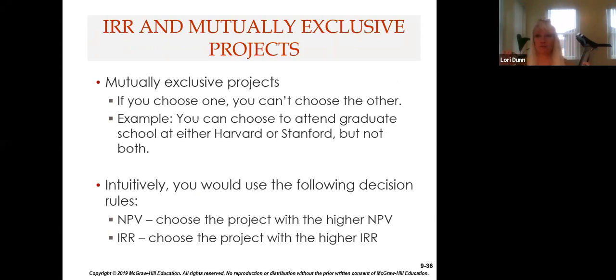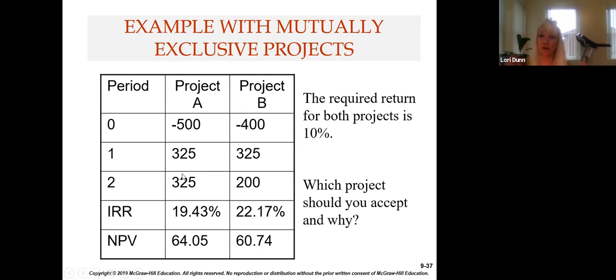Based on what we've known already, the tendency with this type of decision will be to choose the project that gives you the higher net present value, or the project with the higher internal rate of return. Because under both scenarios, you're making more money. Your return on investment is higher. Or is it? We really have to look at this and make sure we are choosing the correct project.